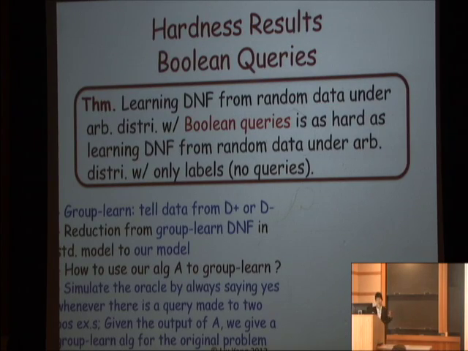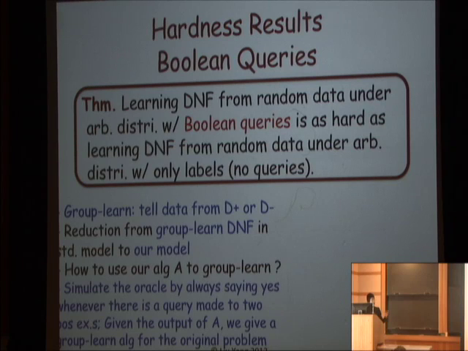You might think it is easy to learn a general DNF formula in this new model. However, the next result, which is the hardness result, basically says that learning DNF from random data for arbitrary distributions with Boolean pairwise queries is as hard as learning DNF from arbitrary distributions without these Boolean pairwise queries.